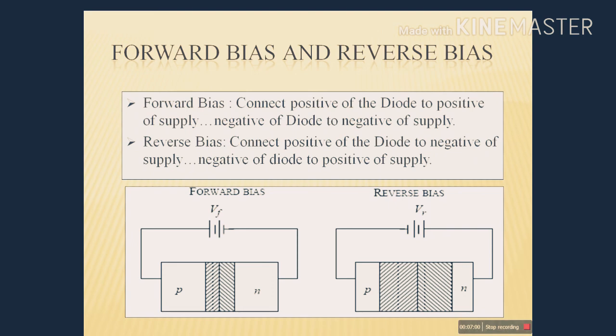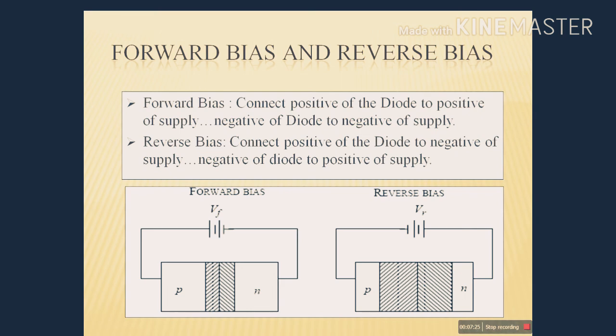Now forward and reverse biasing of the diode. The diode is said to be forward biased when the p side of the diode is connected to the positive terminal of the battery and the n side is connected to the negative terminal of the battery. During reverse bias, the p side of the diode is connected to the negative terminal of the battery and the n side is connected to the positive terminal.